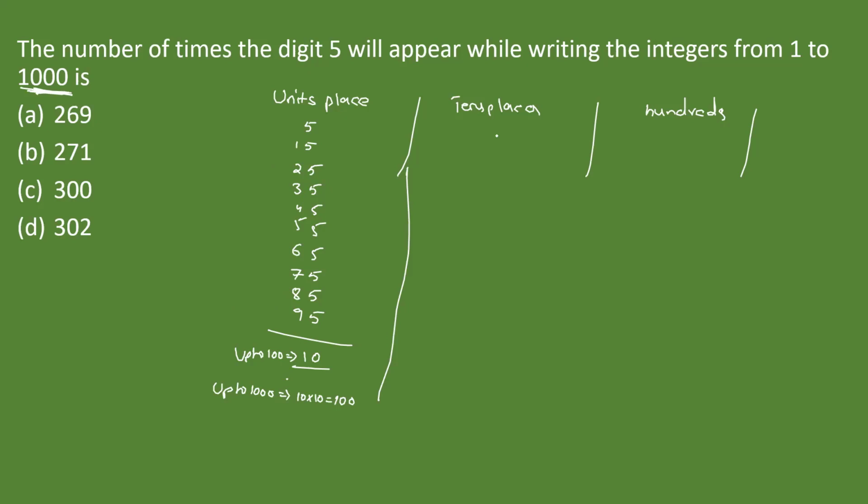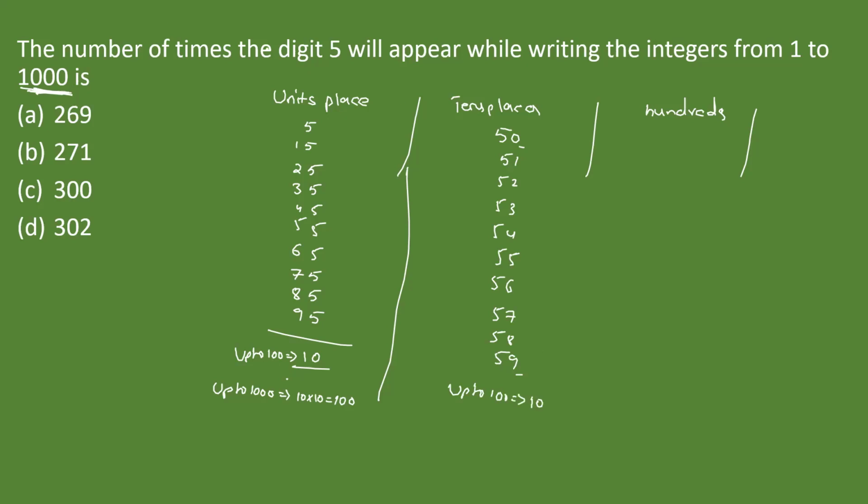Now come to the tens place, where we will have 50, 51, 52, 53, 54, 55, 56, 57, 58, 59. It started from 0 and ended at 9. How many do we have here? 10. Up to 100 we have 10.